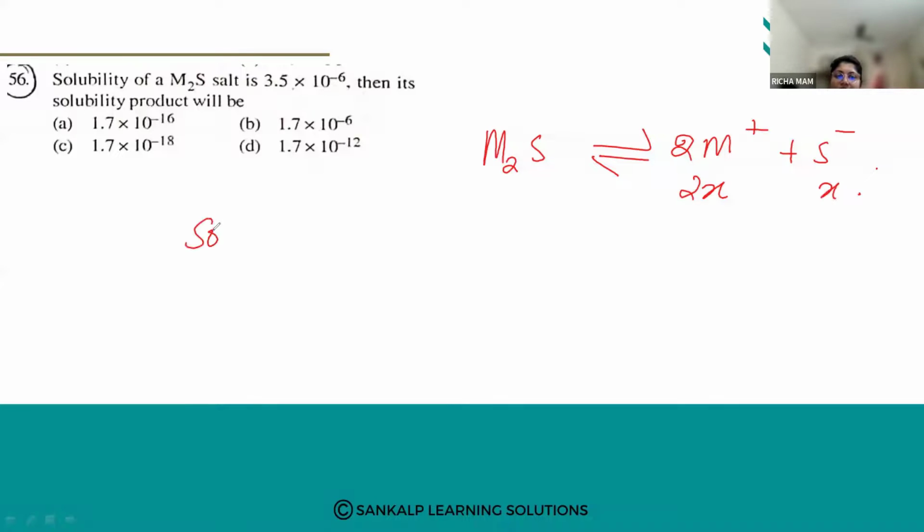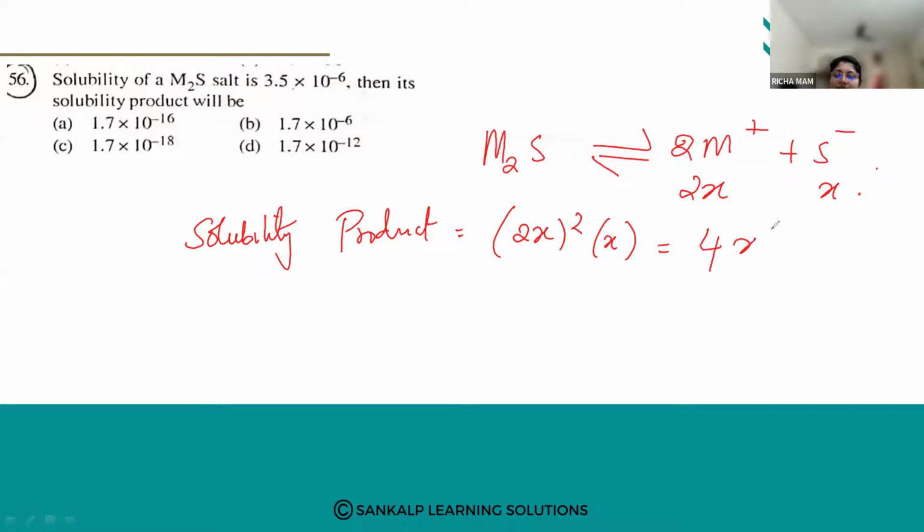Solubility product is equal to the product, 2x whole square into x, which is equal to 4x cube. So that is 4 into x cubed, where x is the solubility of M2S salt, 3.5 into 10 raised to minus 6, cubed.